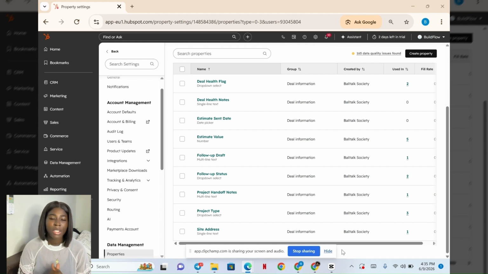Follow-up status and deal health flags are both set automatically by workflows, so the rep does not have to even touch any of these. Then we have the project handoff, which the rep fills in at the end of the deal, or when the deal is closed won.